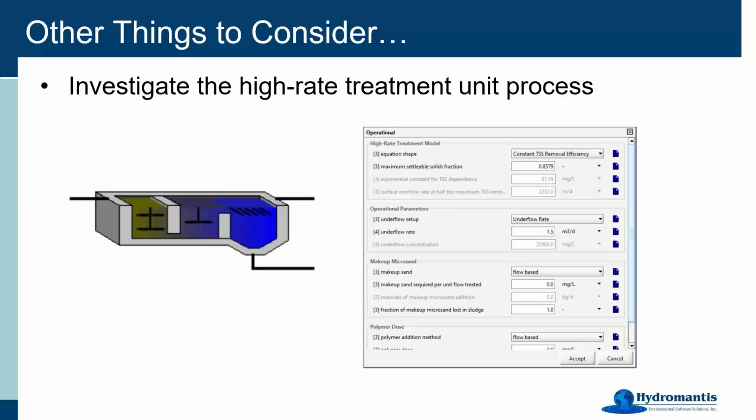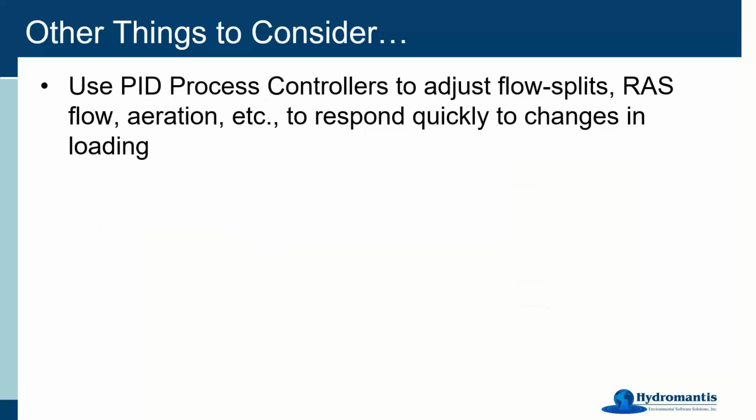Then it goes into the system and is clarified out, and returns the sand back around to be reused again. So we have a special object with a special model for that. The equation being used for the solids capture has quite a few different options in there. If you open up the GPSX technical reference, you can find all the details you need about using this. We've used it on several projects over the years.